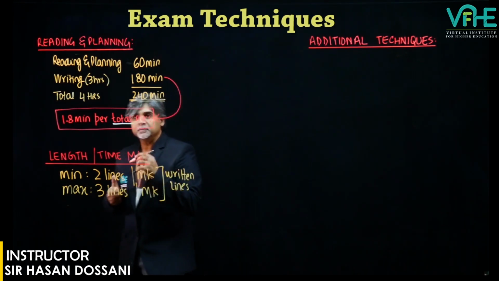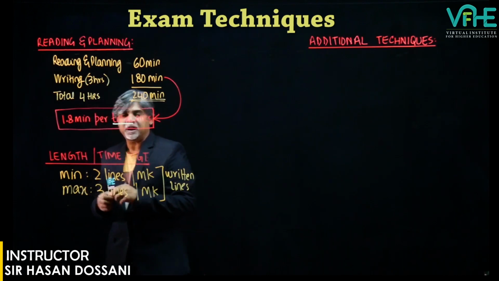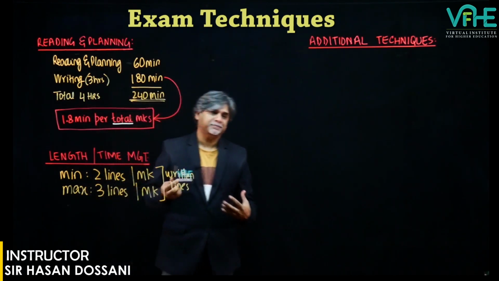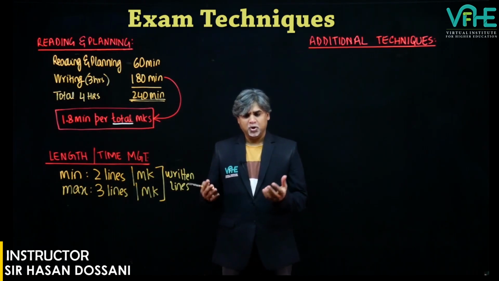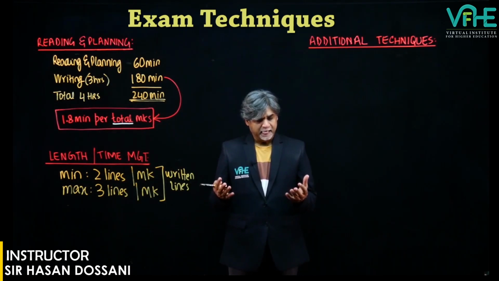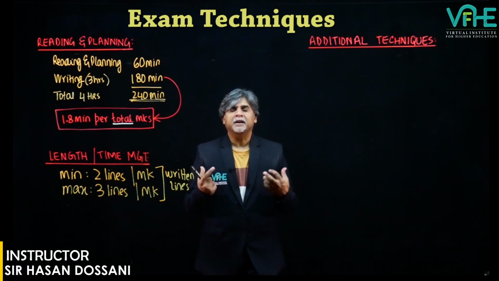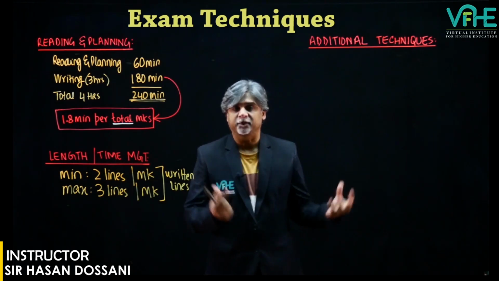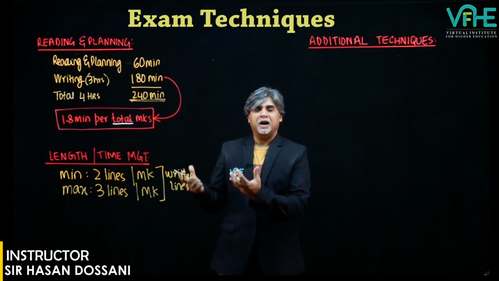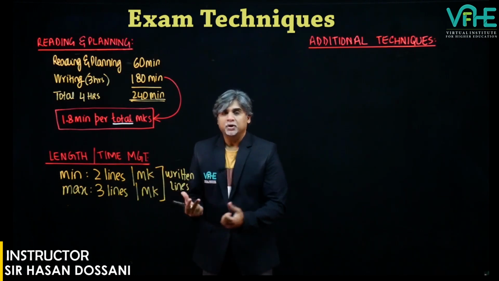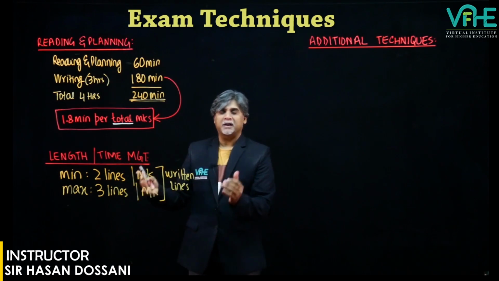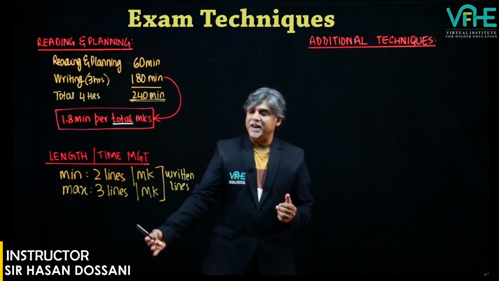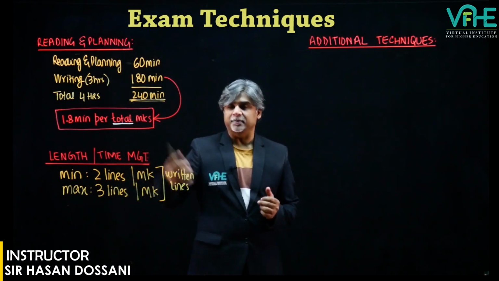Now, the other thing which most people ask is the number of points. How many points are we supposed to write? So, you see, some of the time the case provides excessive information, but the marks are low. So it's not practical to write all the information, otherwise we will overrun the length and the time.